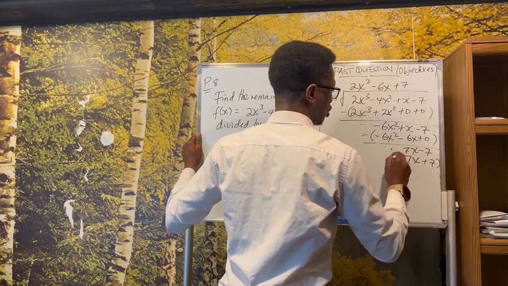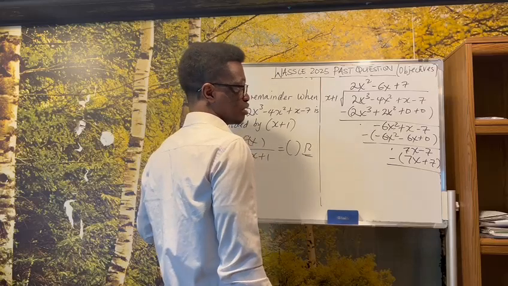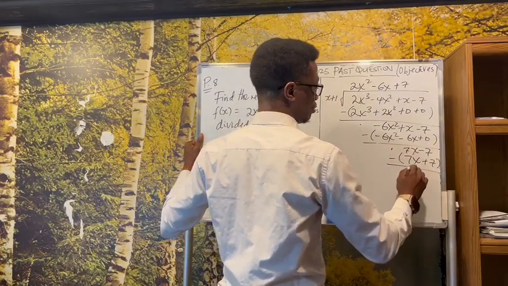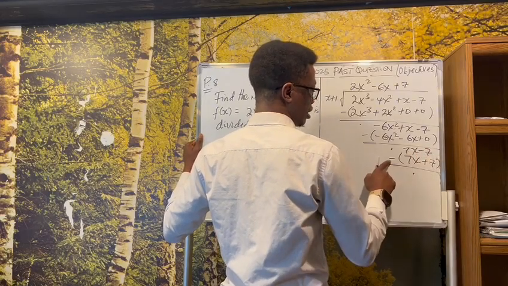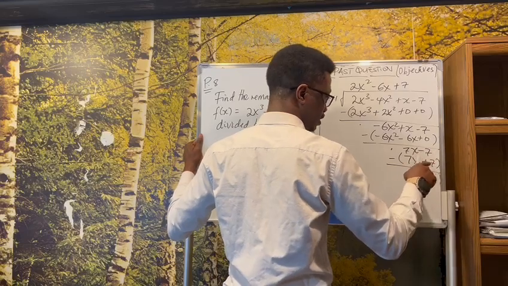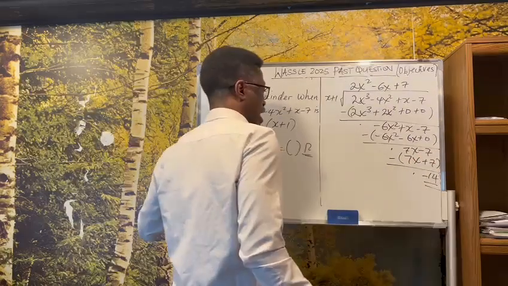So again you put minus, and you subtract. Plus 7x minus 7x becomes 0. This is minus 7, minus times plus is minus, so minus 7 minus 7 becomes minus 14. It's so easy.